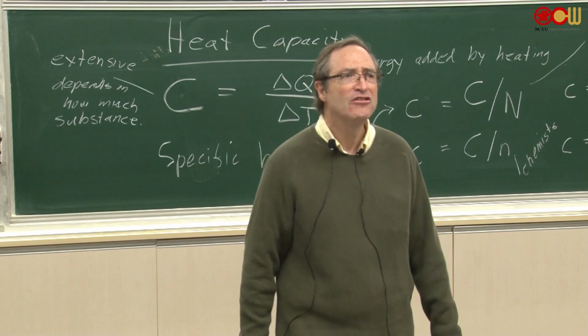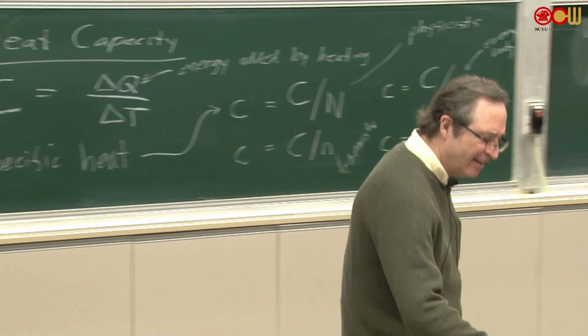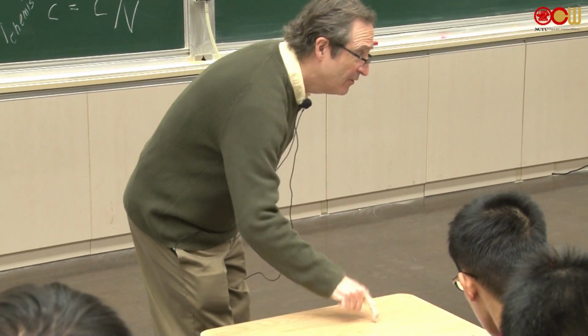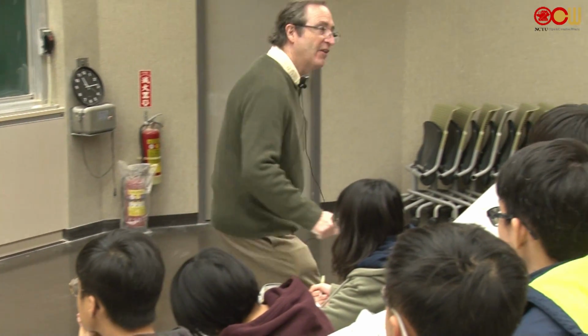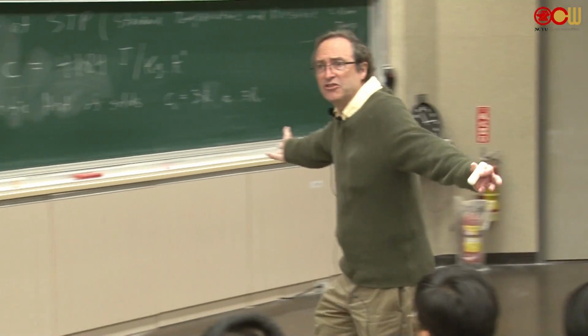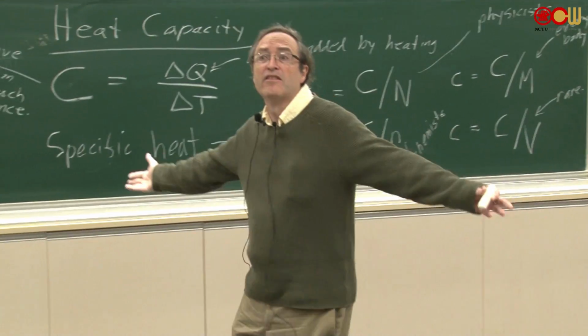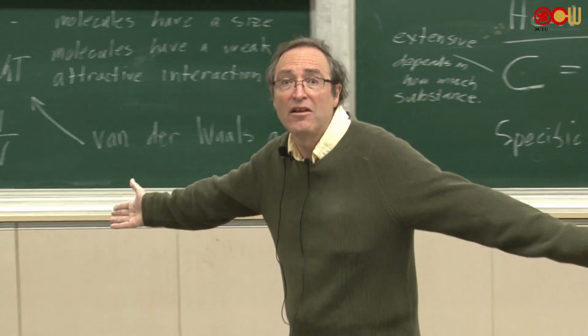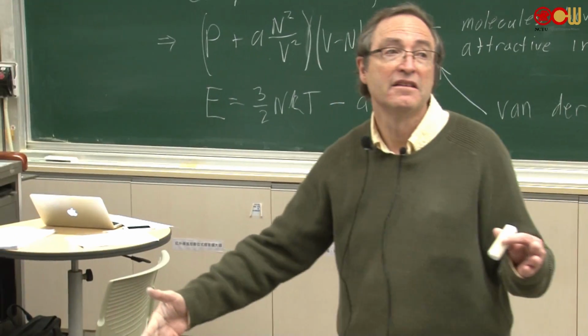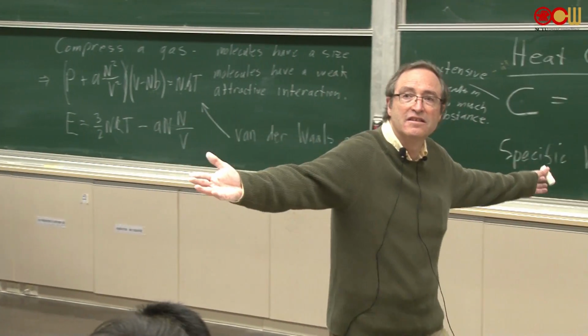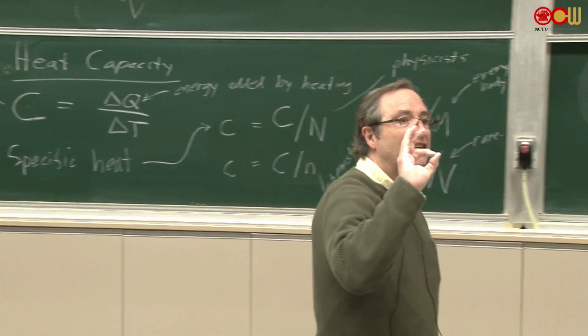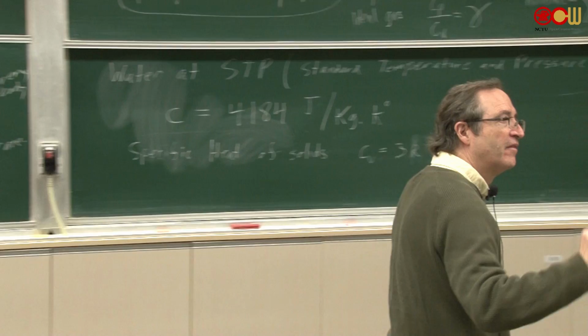It just depends on the number of molecules in your solid. That's astounding. Specific heat of this, specific heat of this, specific heat of this. It just depends on how many molecules you have. The heat capacity depends on how many molecules. But if you divide that out, it's a constant. It's the same for all solids, as long as they're three-dimensional.